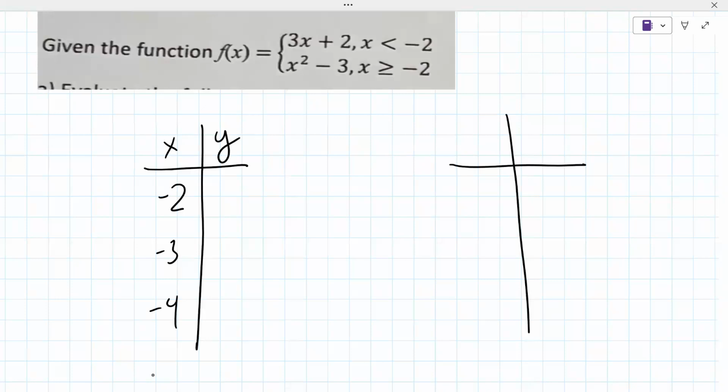Okay, so I want you to evaluate the first piece of the function, please. So -2, -4.